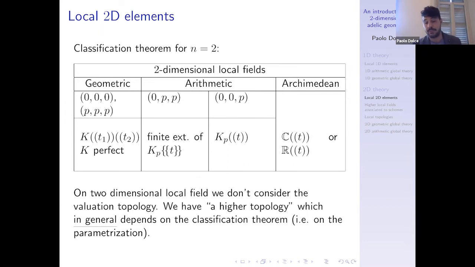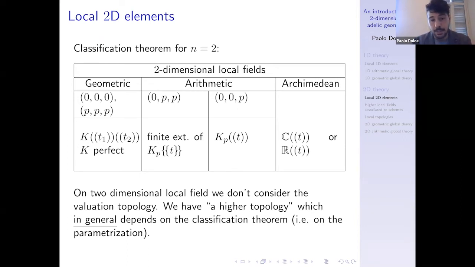So we have the notion of higher topology. Let's say that you have an abstract two-dimensional local field. Then with an isomorphism, you put this field in correspondence with one of the fields in this table. And then there is a way to put a topology on the fields in this table, which is called a higher topology. Then through the isomorphism, you pull back the topology to the original abstract two-dimensional local field.